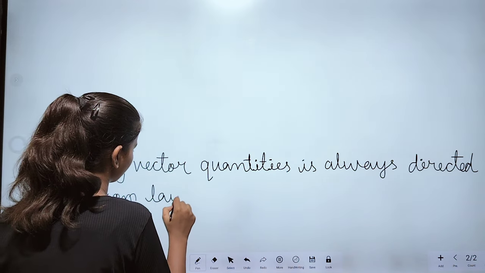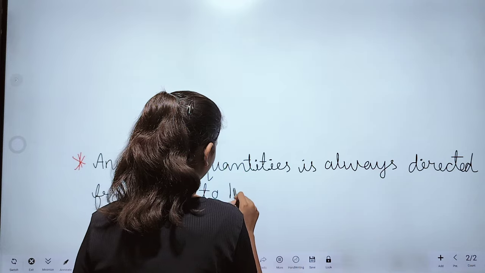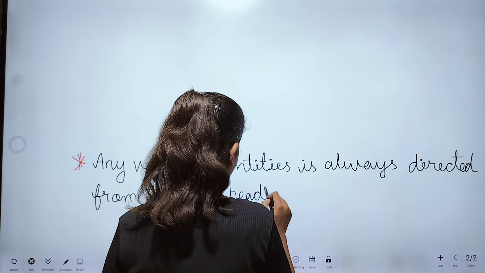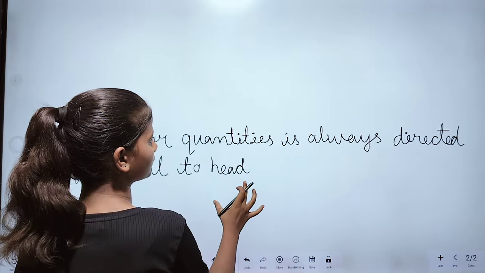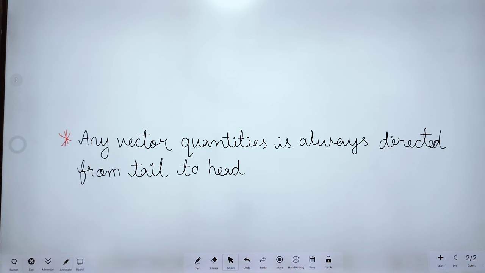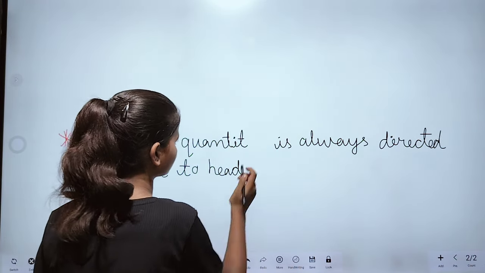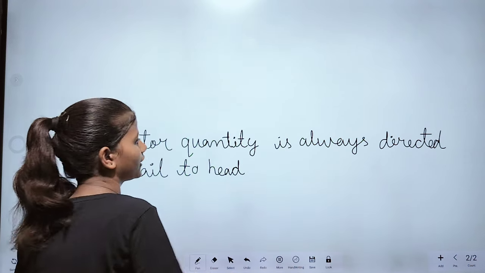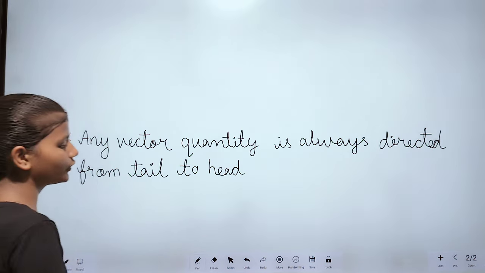From tail to head. Okay, so this is one point, that any vector quantity is always directed from tail to head.